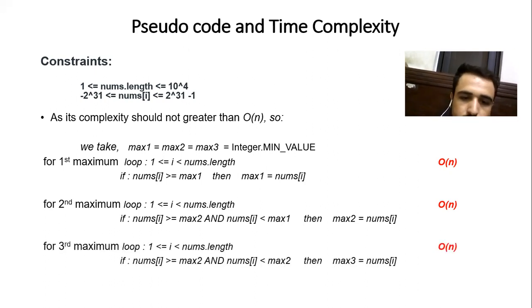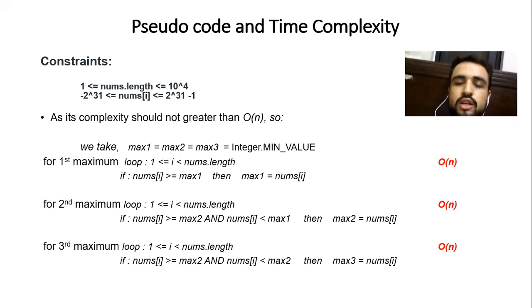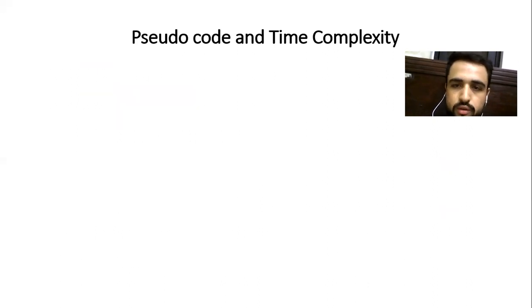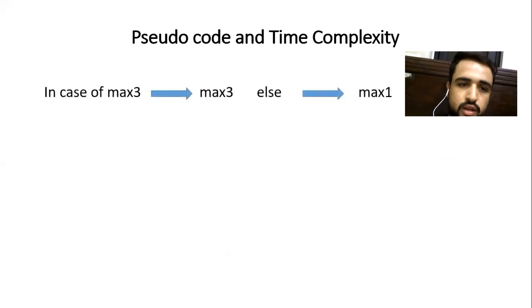And for the third one, we again start the loop and find the third maximum number. In this case, in the condition, we add that the number must be less than max2. So if we have three distinct maximum numbers in an array, this will be the pseudocode, or the coding pattern, for that case.